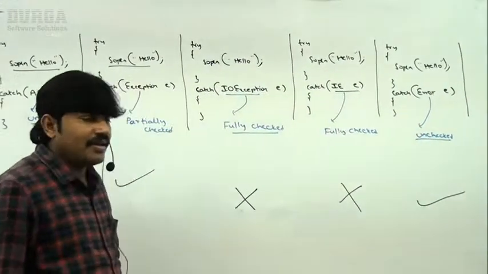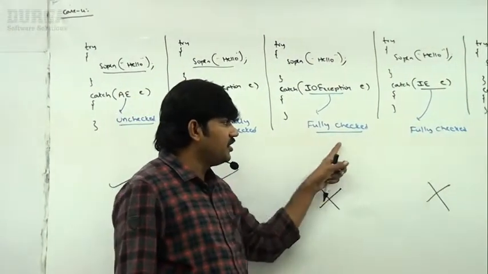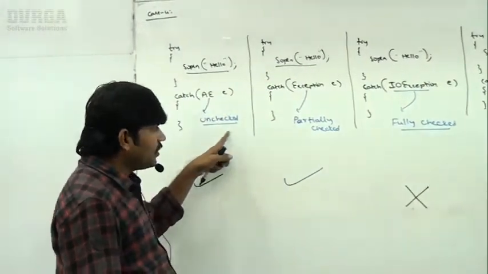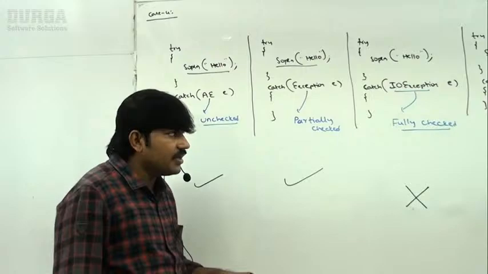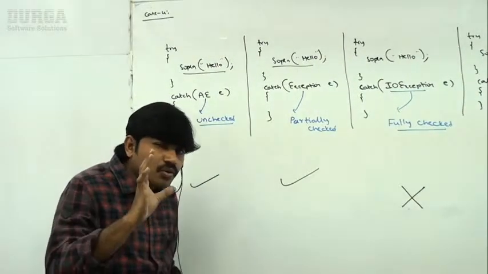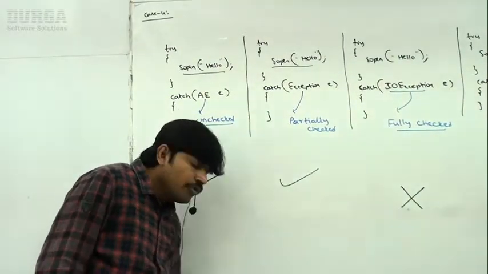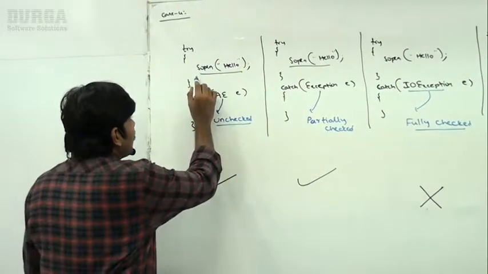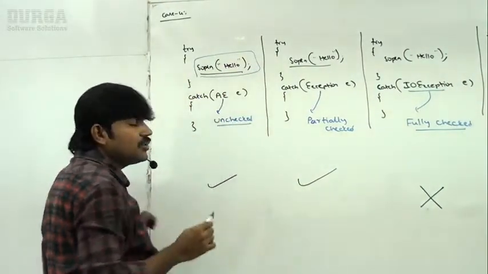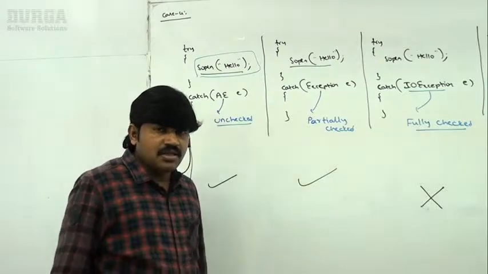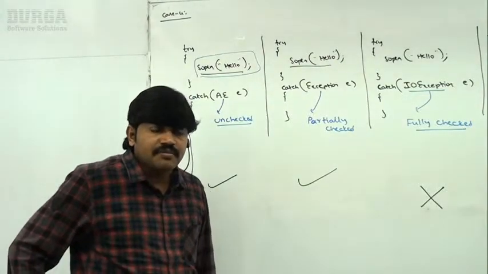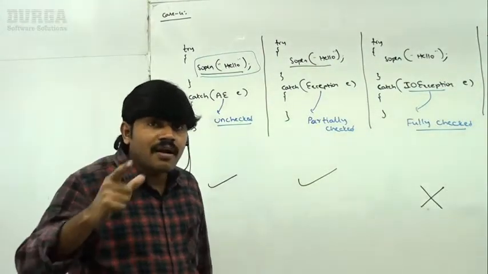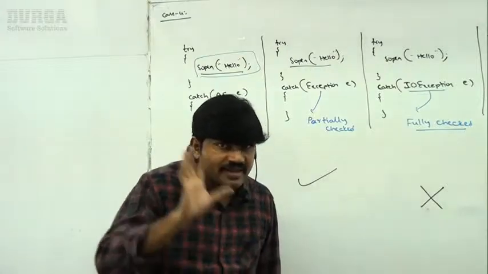So the compiler won't compile only the fully checked case. For unchecked and partially checked, happily the code compiles fine. The rule here is, within the try block, observe carefully, sir: if there is no chance of raising an exception, then we can't write the catch block for that exception.